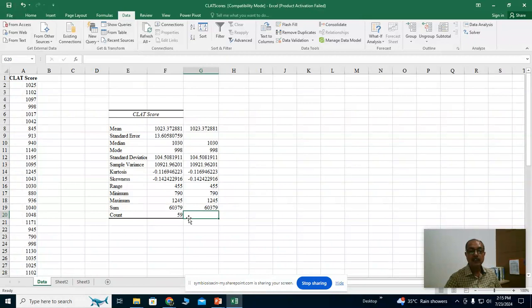Again, if you want to count, that is also a function here.